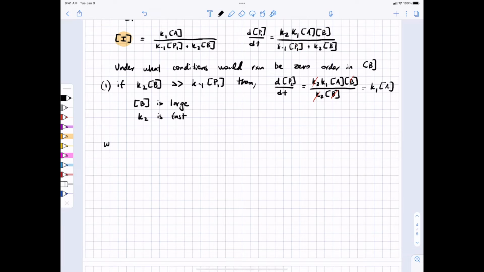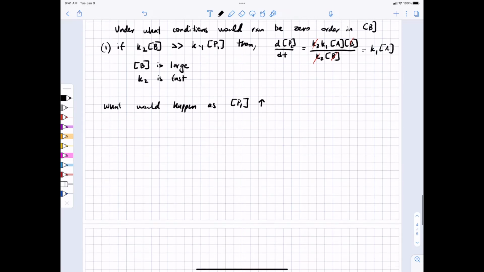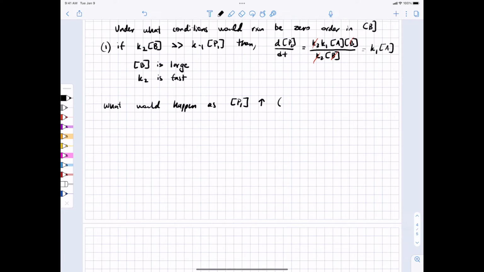What would happen if the product term increases? For example, what if you supply added product 1?